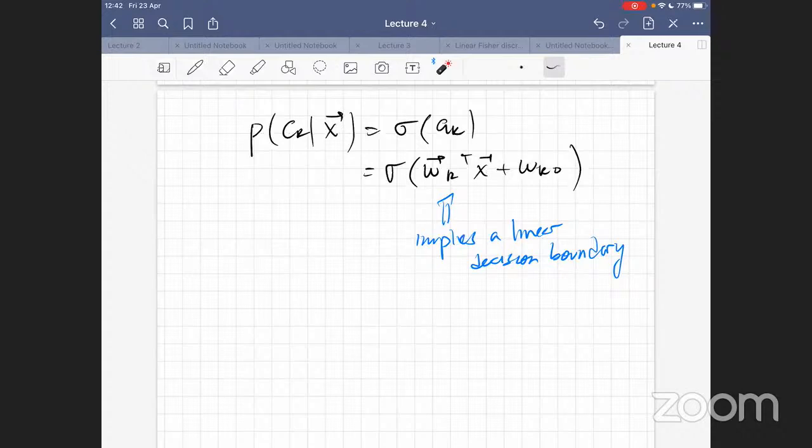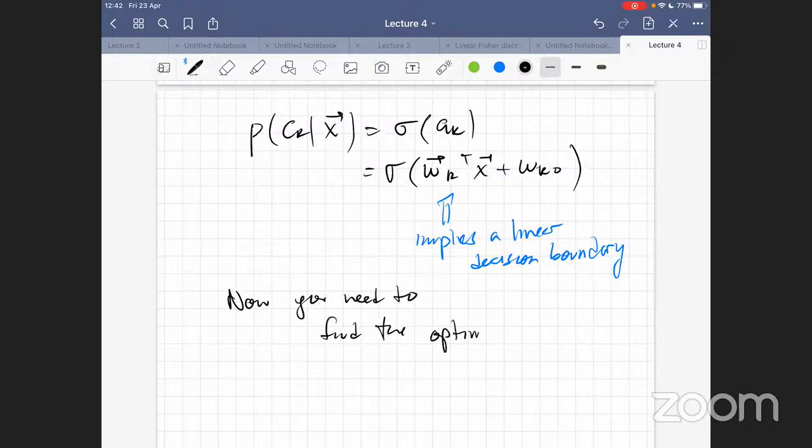So the idea here now is to fit, of course. Now you need to find the optimum values of your parameters, right? Then, if you want, you can maximize this object at the end of the day and follow this.